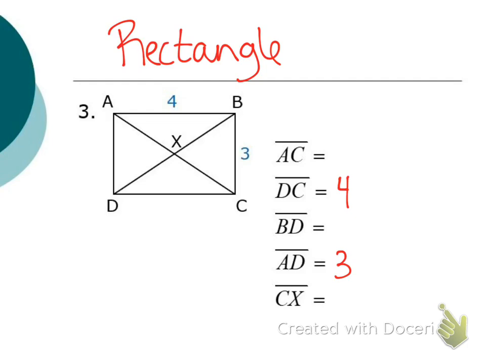If I'm trying to find AC, I am going to, just for the sake of this problem, get rid of this little piece right here. And I know that this angle up here at B is a right angle. If you can't quite see where I'm going with this yet, I erased part of that diagonal and put in my right angle.